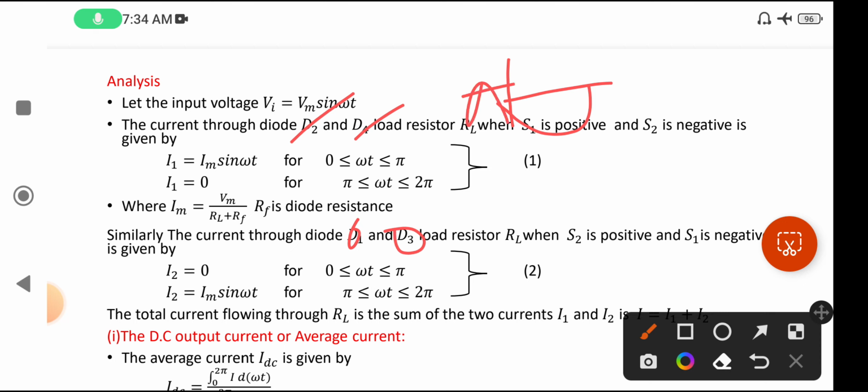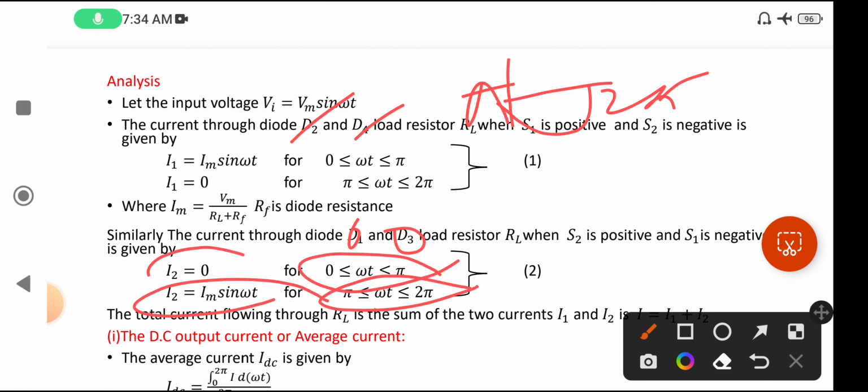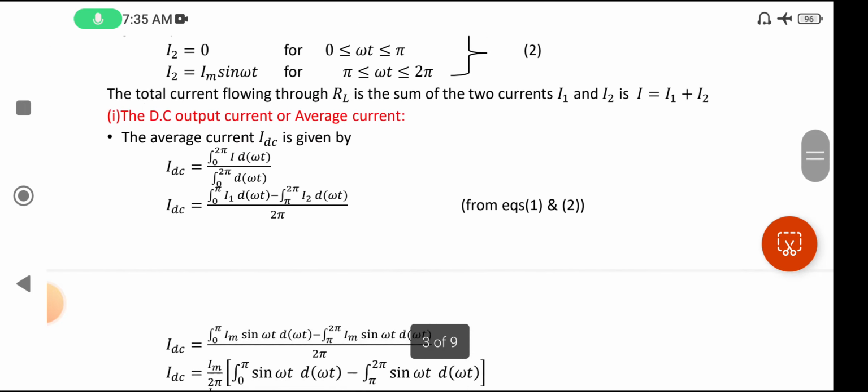There is no positive half cycle, only the negative half cycle, so only pi to 2 pi conducts. So the current I2 equals Im sin omega t. I1 and I2, if you add them, you get the total current I.